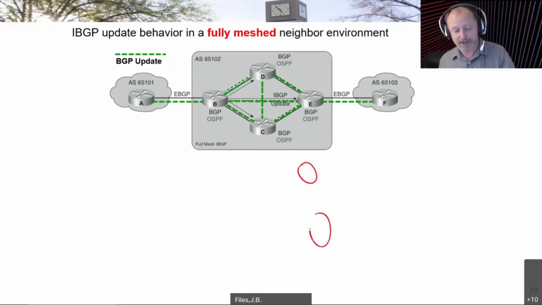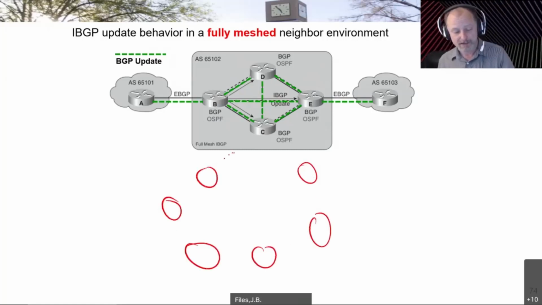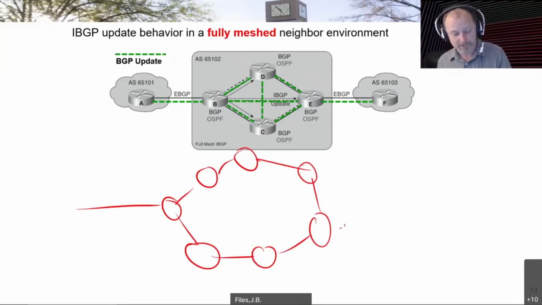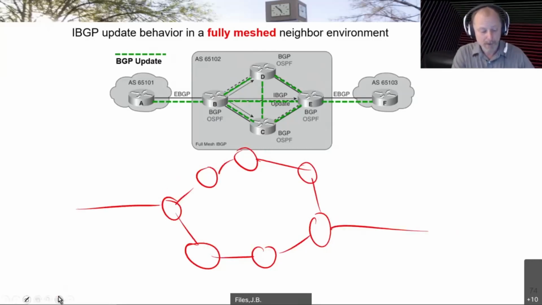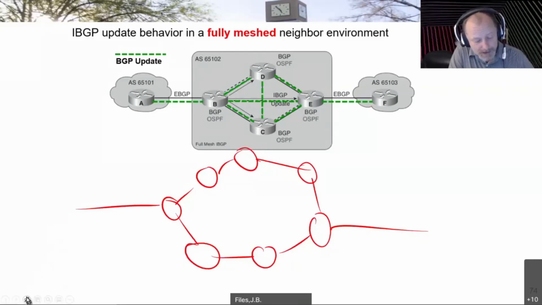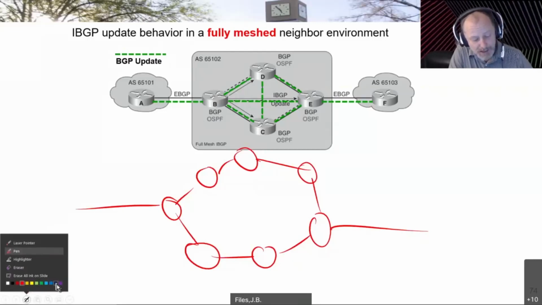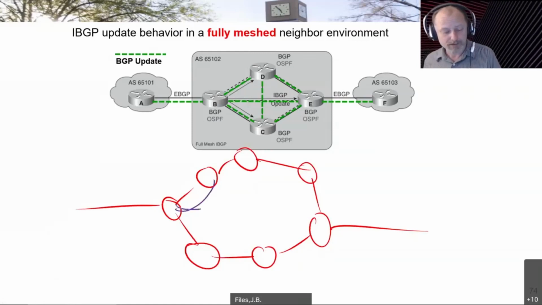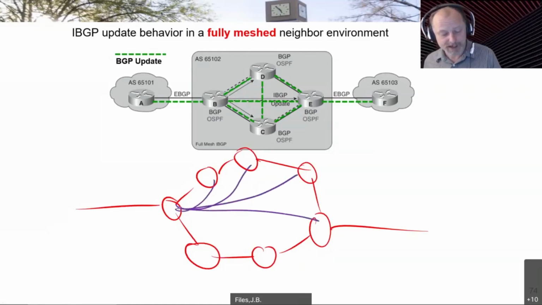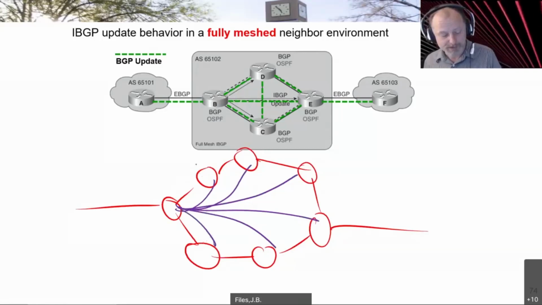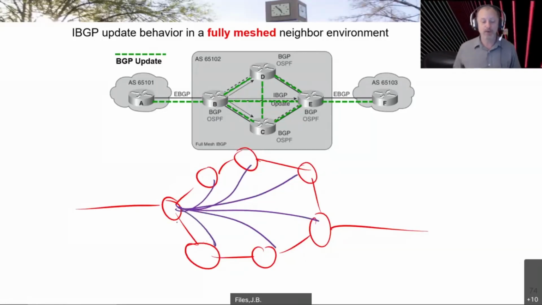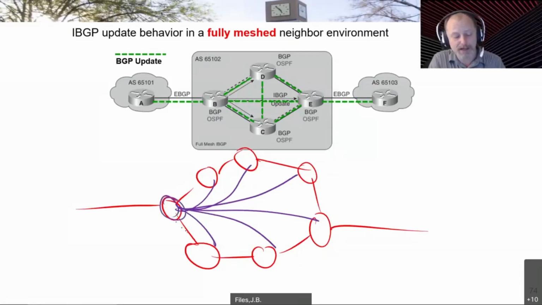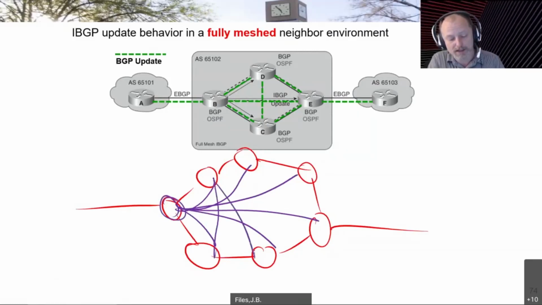We could have a network like this, but our BGP is like this. This is kind of an extreme example. So that is the network statements from here.